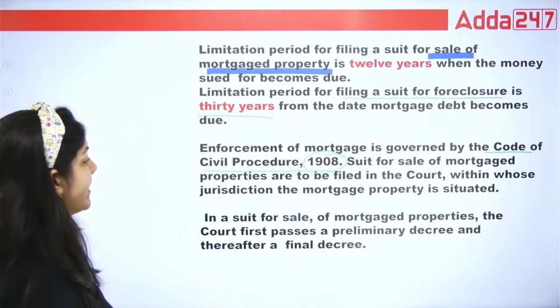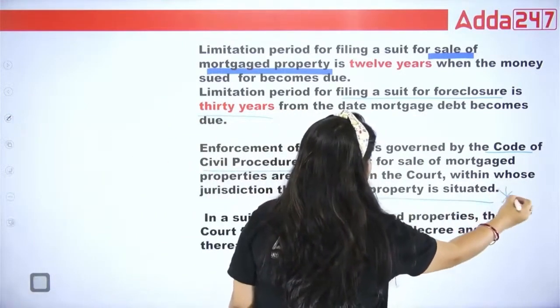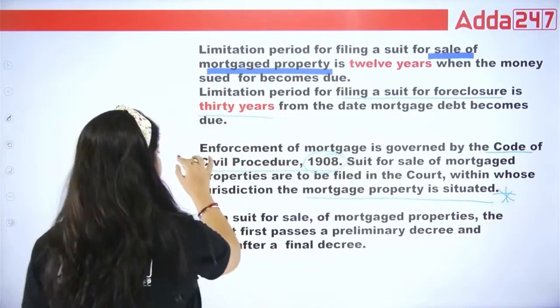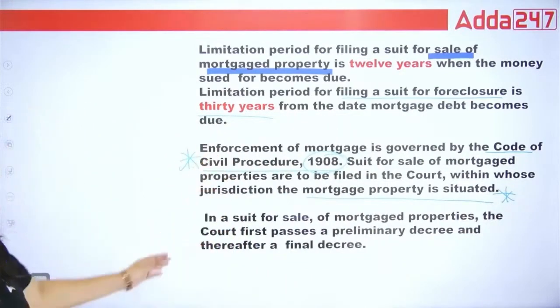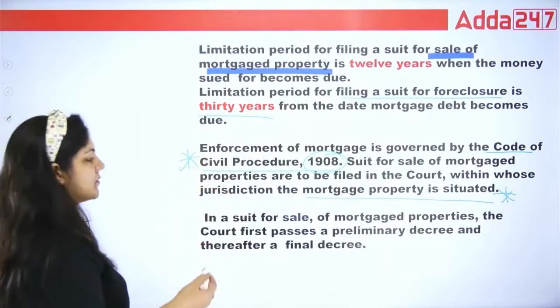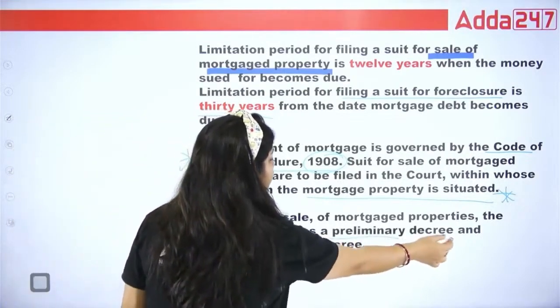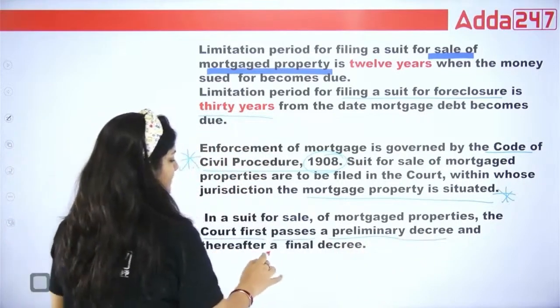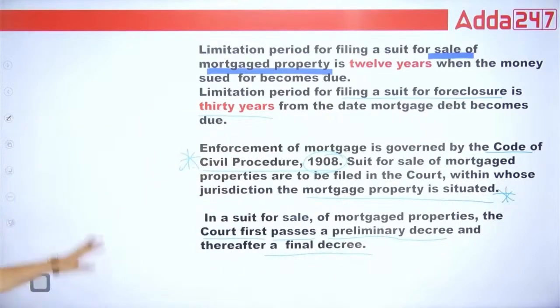Exactly where the mortgaged property is situated. Again important. In a suit for sale of mortgaged property, the court first passes a preliminary decree and thereafter passes the final decree. That is important.